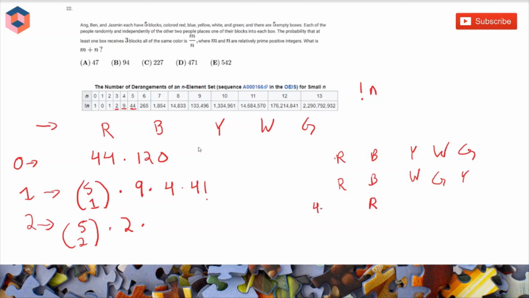There's 4 choices for the blue, and then there's 3 factorial ways of the rest. So 4 times 3 factorial, plus, R could go under the W, the G, or the Y in the same box as them.